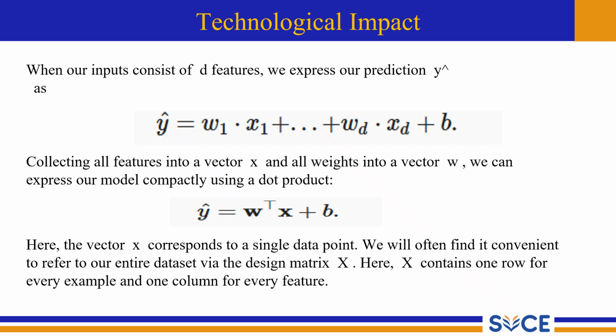When we consider the entire data set, we often refer to the design matrix denoted as X, where each row represents one example and each column corresponds to a feature.